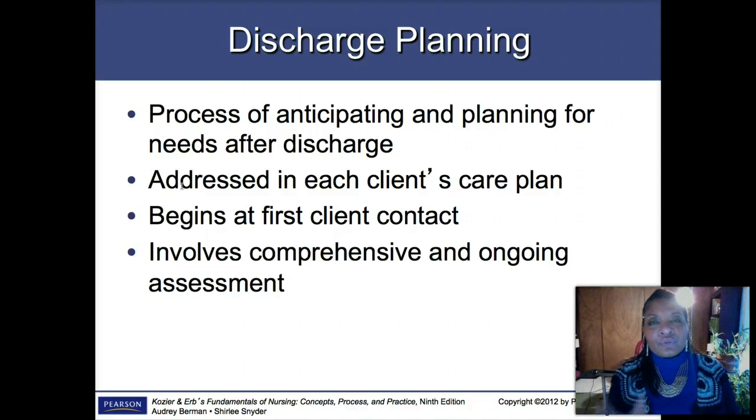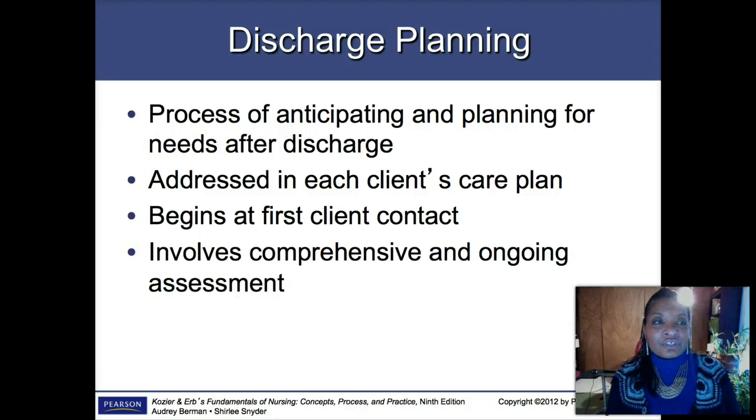So if you, the nurse, are aware that the patient has dementia and no caregivers, and you know they cannot care for themselves, you cannot send them home by themselves. It would be unsafe. So the nurse and the team are responsible for making sure that patient has a safe discharge. Because if something happens to that patient, the hospital is responsible.